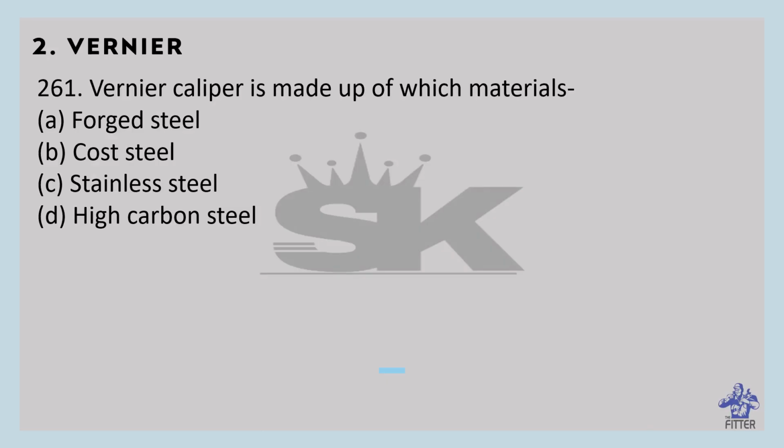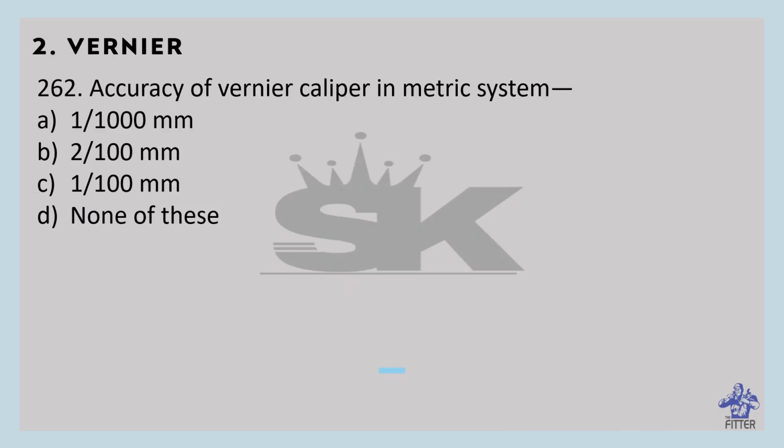So that is stainless steel. These are usually made of nickel chromium or stainless steel. Okay. Accuracy of vernier caliper in metric system. So don't get confused by the options. So it is 0.02 mm. So option B. Okay.